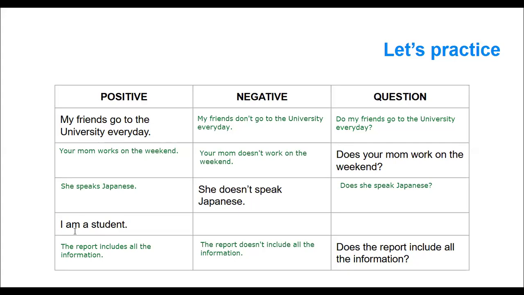Ser. Yeah, but what is the original form for am? Be. It's be. All right. Y ese fue el primer tema que repasamos en cuanto a hablar de present. ¿Cómo se hacen oraciones negativas con verb to be?